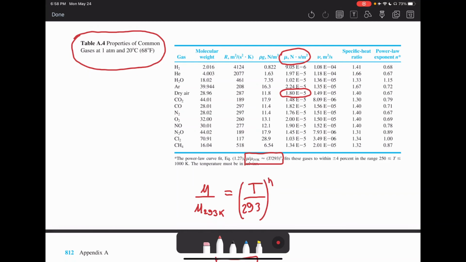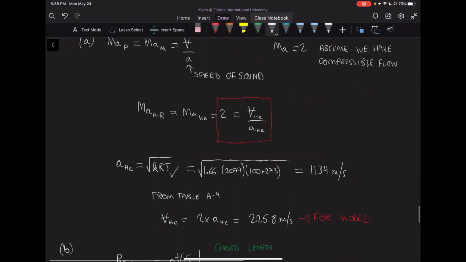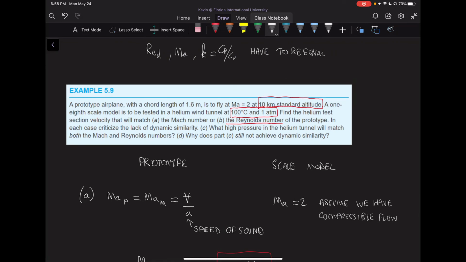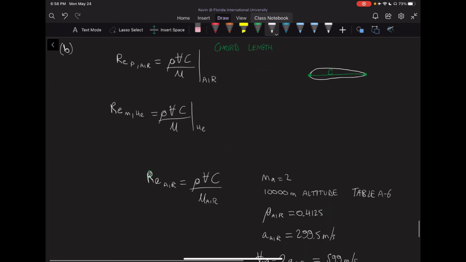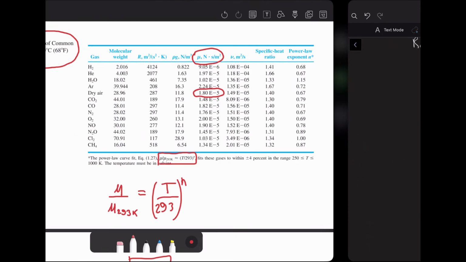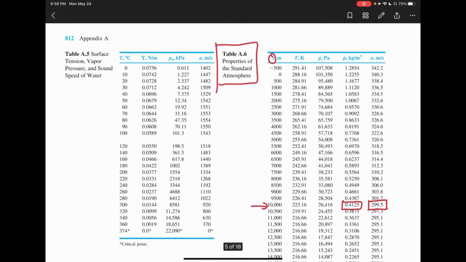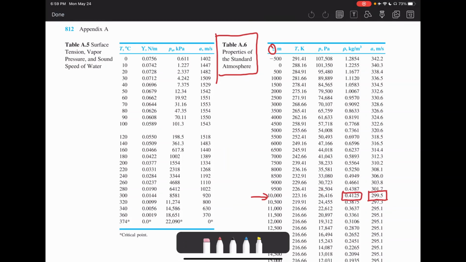of n. Now, what is our temperature of our air? If we go back to our problem, we're not really given a temperature for our air. However, in our problem, we know that we're at 10,000 meter altitude. So we can use the standard values for 10,000 meter altitude, and we can see that at 10,000 meters, we have a certain value for temperature, which is quite different from 20 degrees Celsius.